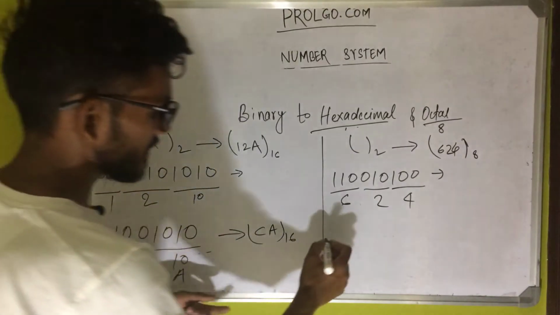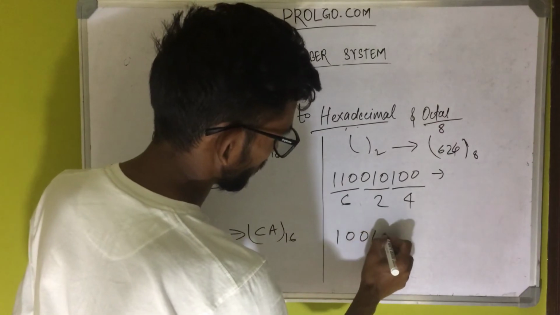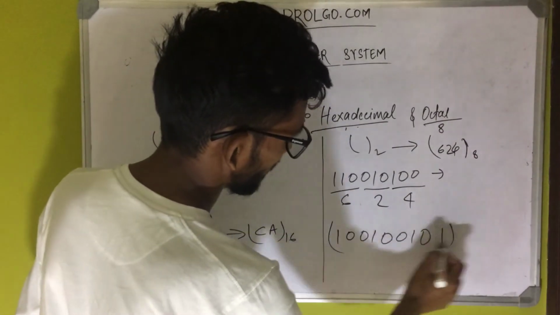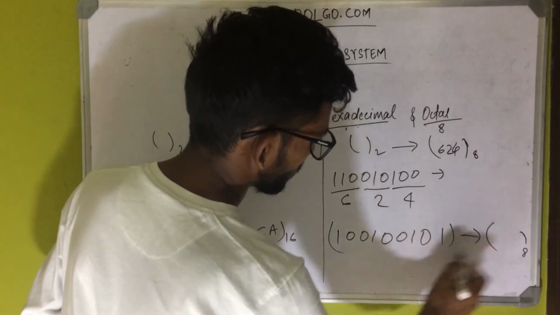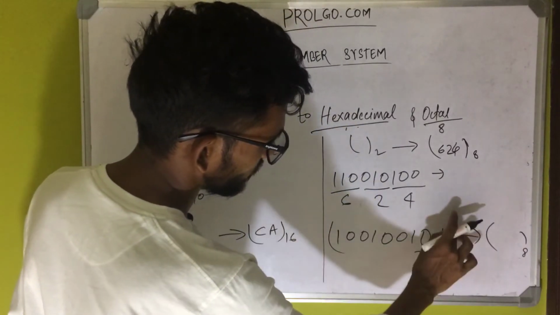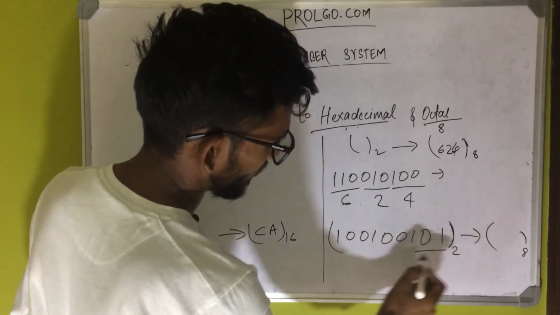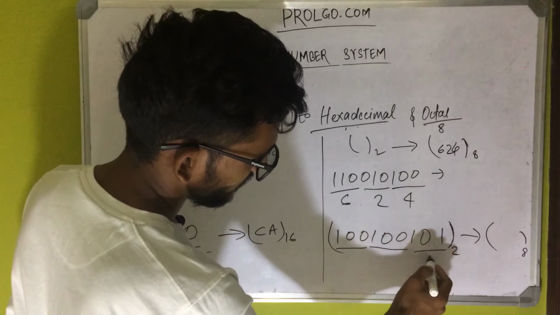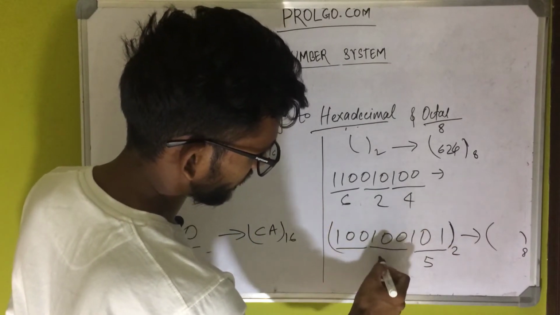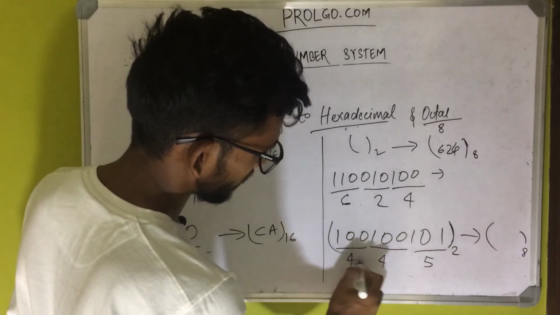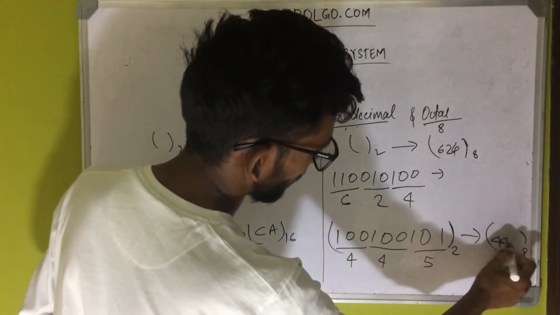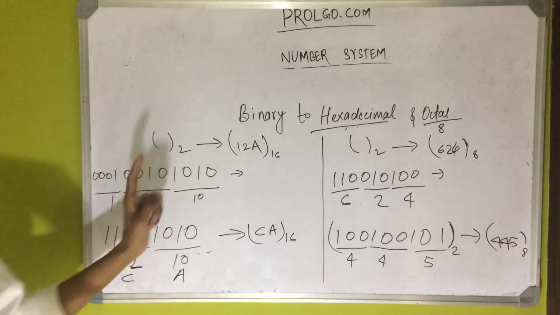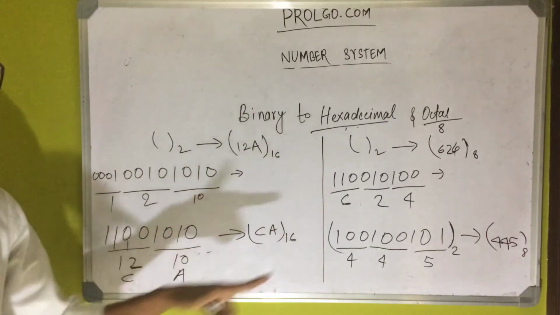And now take another example, 1000100101, and convert this into octal. Just make groups of 3, so it would be 5, and then 4, and then also 4, so 4 4 5. This is how you can convert from binary to either hexadecimal or octal.